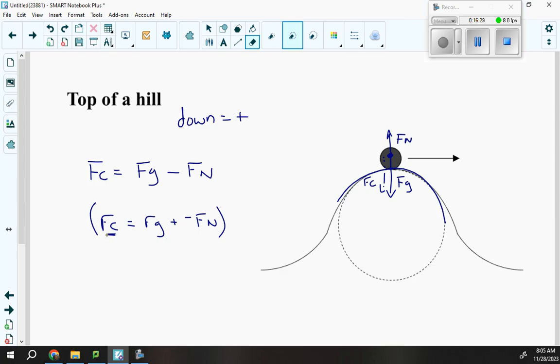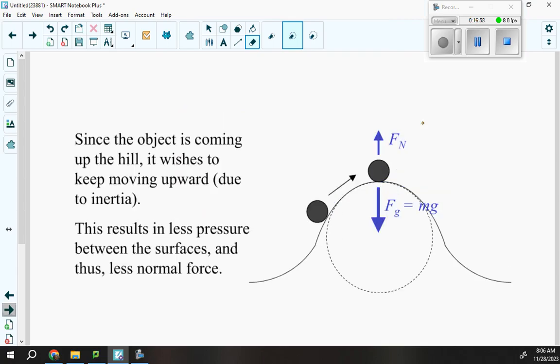And we know that the normal force has to be smaller than the force of gravity so that there is some centripetal force left over acting downwards. In other words, the down force needs to be bigger than the up force because the net force is downwards. So the up force, Fn, which is your apparent weight, is going to be smaller than your force of gravity. Your apparent weight is smaller than your actual weight. You are going to feel lighter than you actually are. Cool. So anyways, that's building a formula for that one.